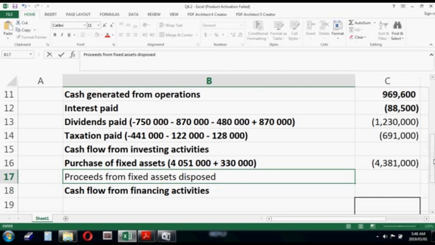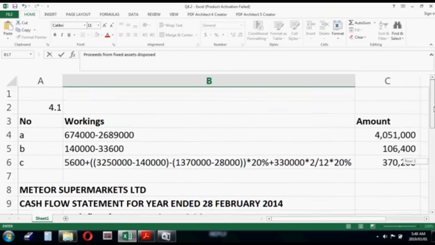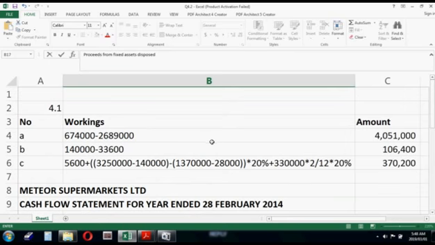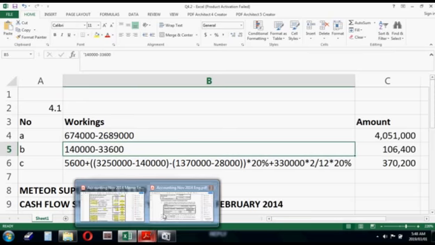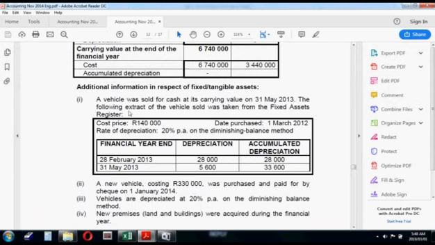And if you can remember, as part of 4.1 number B, we determined the assets that were disposed of at carrying value. It was a vehicle that was disposed of.